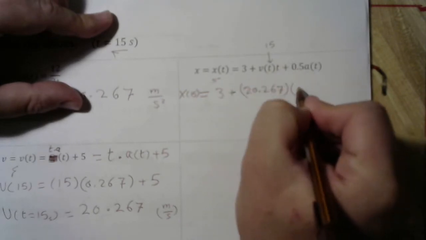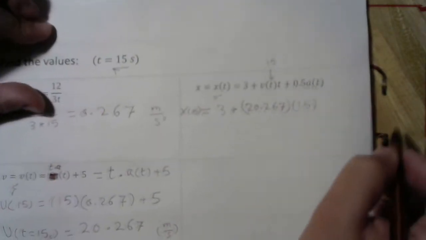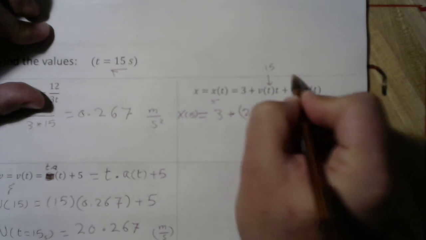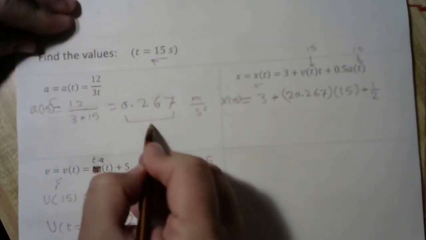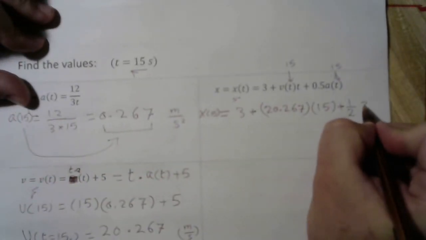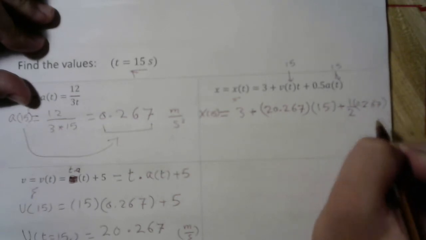T is 15 also. It is the same time for all of them. Plus half a of t. T at 15 seconds. The acceleration at 15 seconds is this value, which is 0.267.